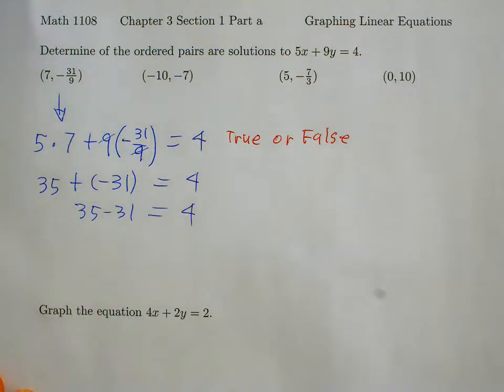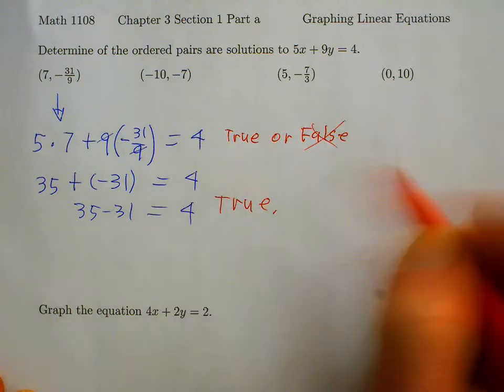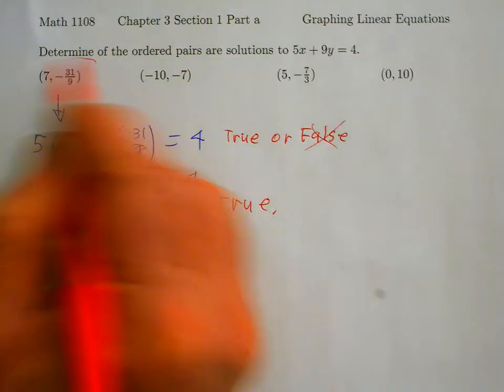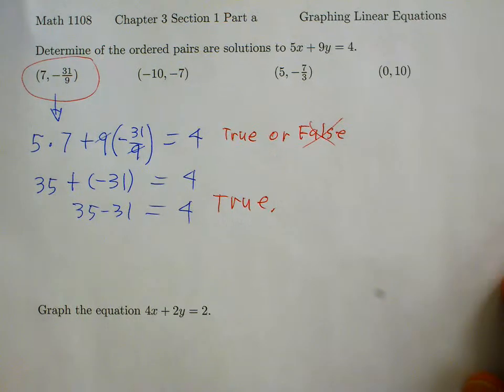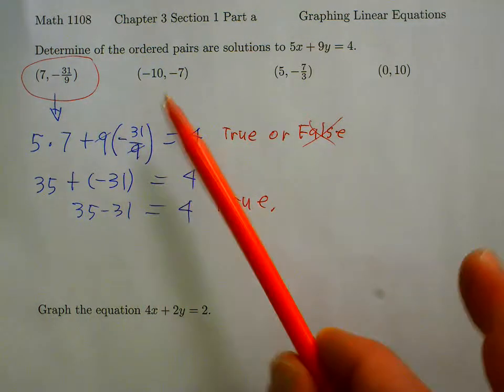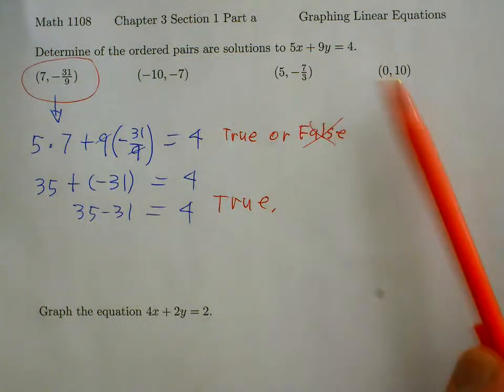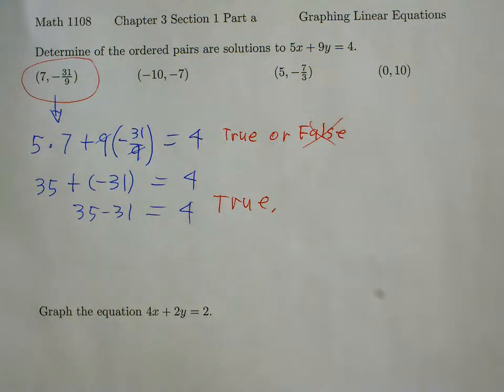And this is true. So this just means that the ordered pair 7 for x, -31/9 for y is a solution. Then you can do the same approach for the other 3 points to see if any of the others are also solutions.